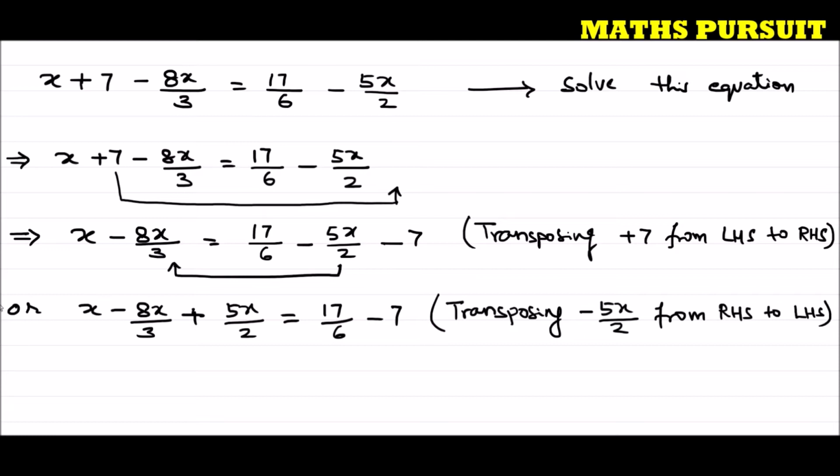As I told you, you could see that I have moved all the terms having x to the left side and all the constant numbers to the right side. Now it would be very easy for us to solve.